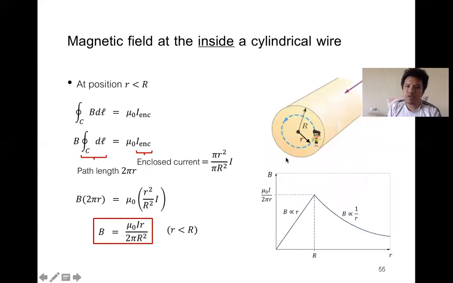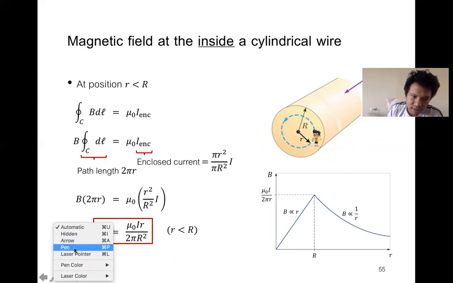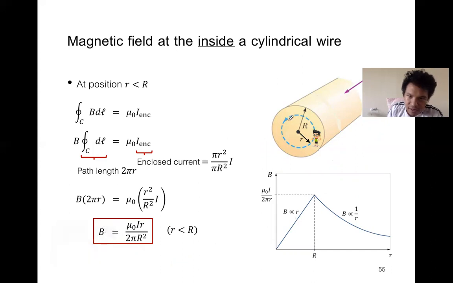But when we try to calculate the magnetic field inside, if I consider just this enclosed region, here the current I enclosed will not equal I, it will be less than I. So we need to bring in the small area, pi r squared, and the large area, big R squared pi.